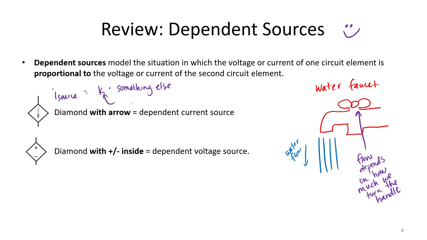So usually you're given some sort of proportionality constant. And that will help you solve the circuit. This proportionality constant is also known as the gain of your dependent source. We'll take a look at more examples of dependent sources in this video.